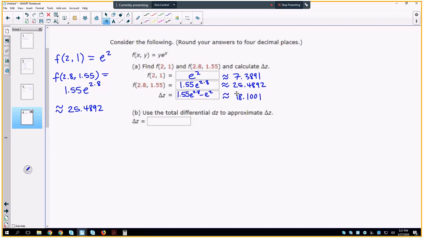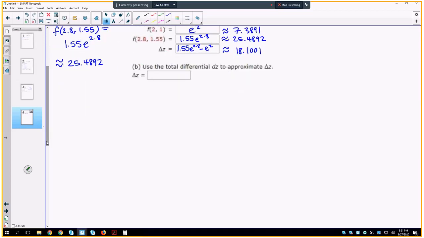The second part of the problem asks us to use the total differential dz to approximate delta z. So dz is going to be del z del x times dx plus del z del y times dy.